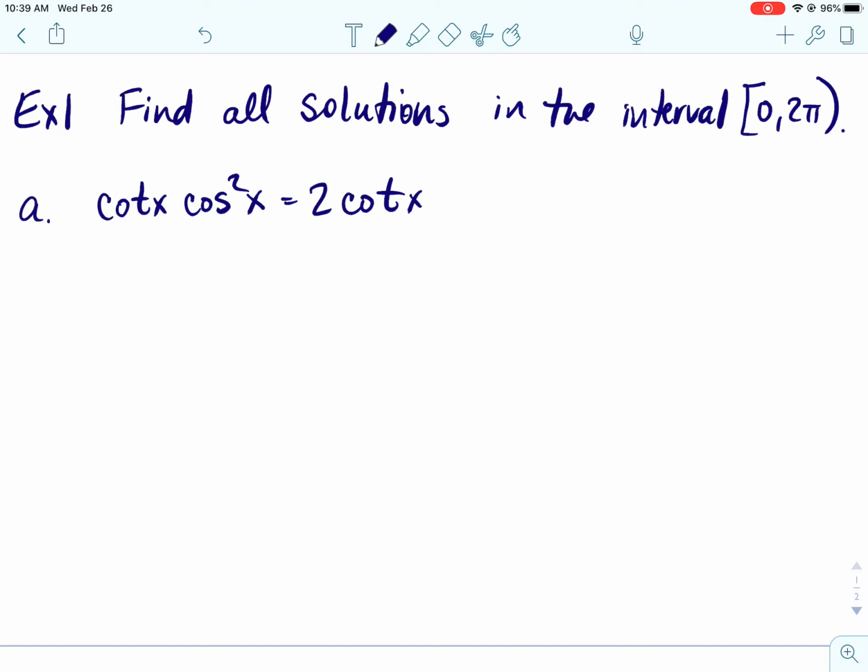Alright, so kind of like yesterday when we had cosecant on both sides, we wanted to get everything on one side, or get our trig functions all on one side. So let's go ahead and do that first. So we would subtract that 2 cotangent of x.